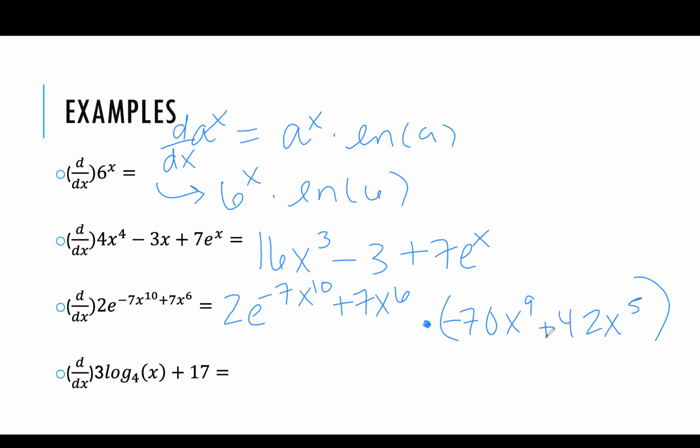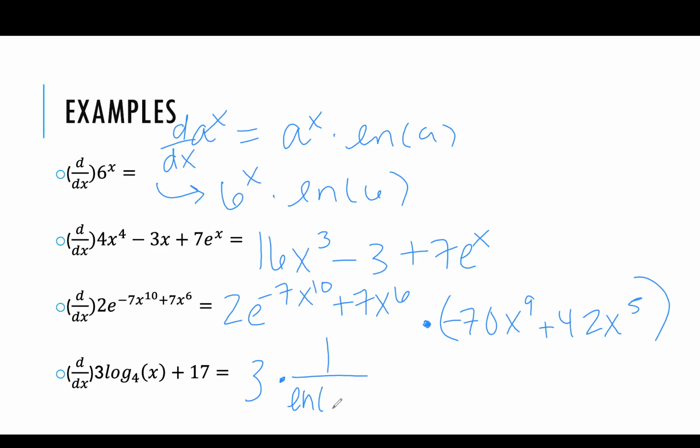Lastly, we have a logarithmic function. Now, you might remember that the derivative of ln x is 1 over x. So with logs, we have this additional ln of our base, right? And in this case, we have a 3 here as our coefficient, and our 3 is just going to carry right along with that. So I'll write it as 3 multiplied by 1 over, we have ln of our base.